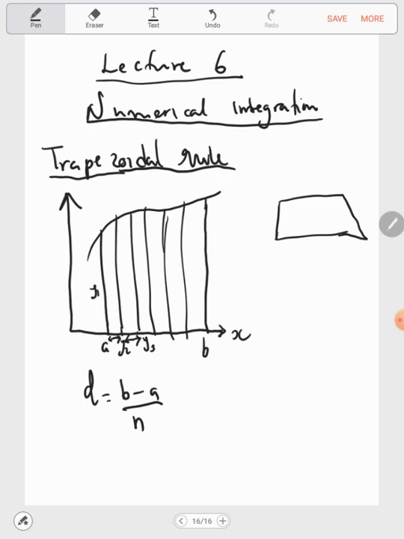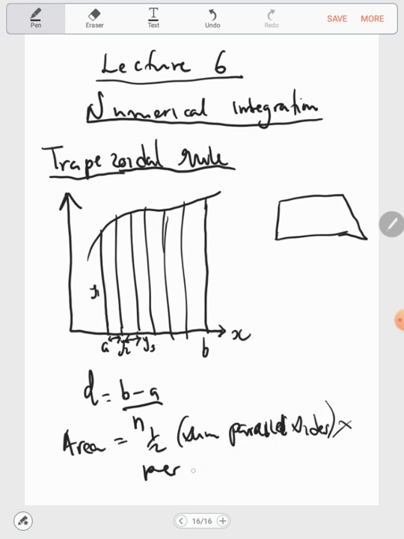So the area under this curve is just given by half the sum of the parallel sides multiplied by the perpendicular distance between them.